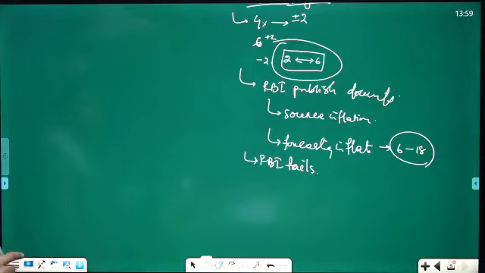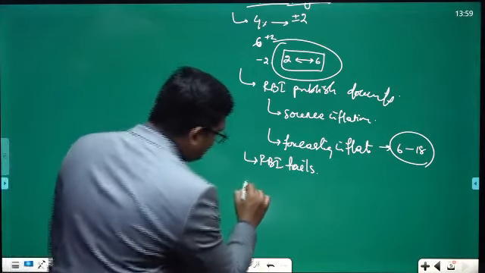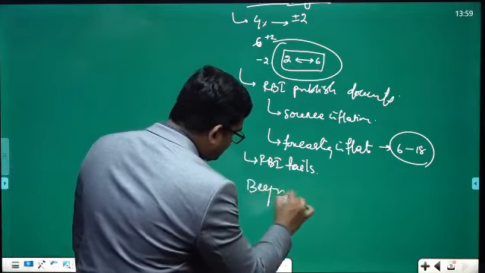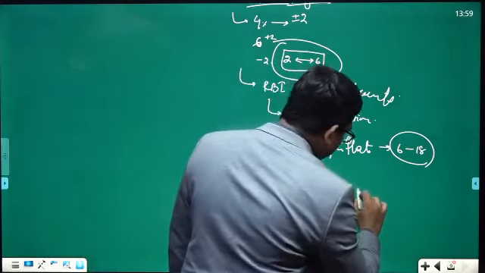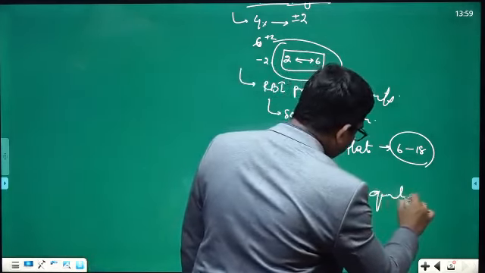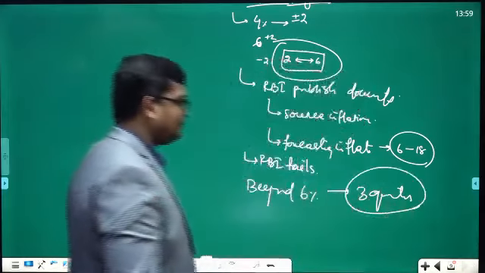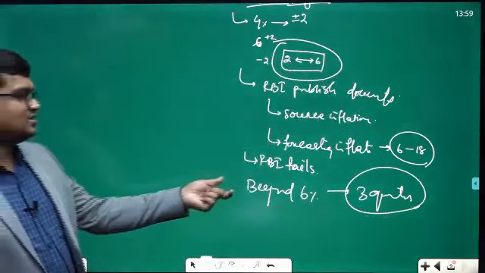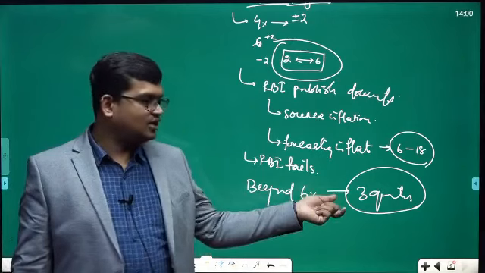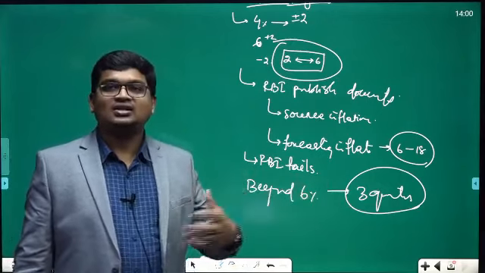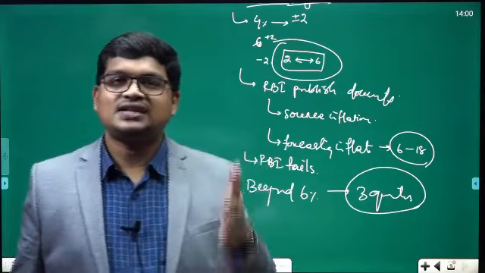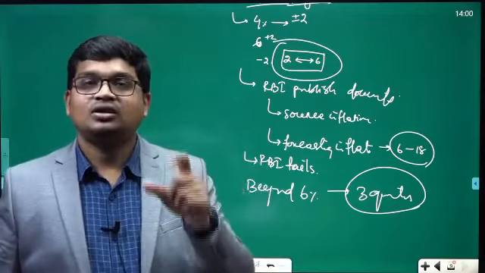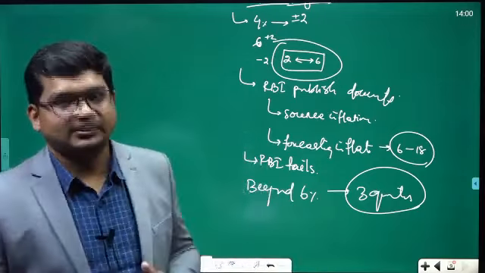And that would happen if inflation beyond 6% continues for 3 consecutive quarters. If inflation continues above 6% for more than 3 quarters consecutively, that means RBI has failed to control the inflation in the economy.